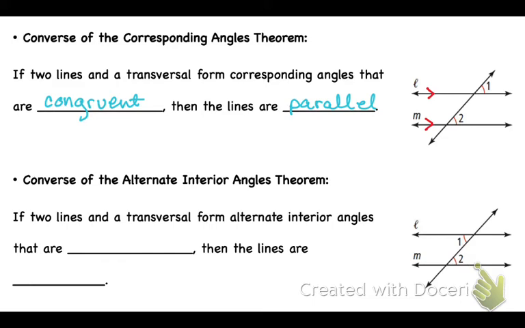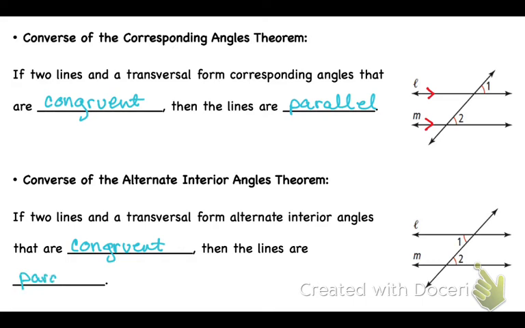Converse of the alternate interior angles theorem. So the alternate interior angles theorem says what? The angles have to be what? Alternate interior angles are congruent, right? So if two lines and a transversal form alternate interior angles that are congruent, then the lines are what?